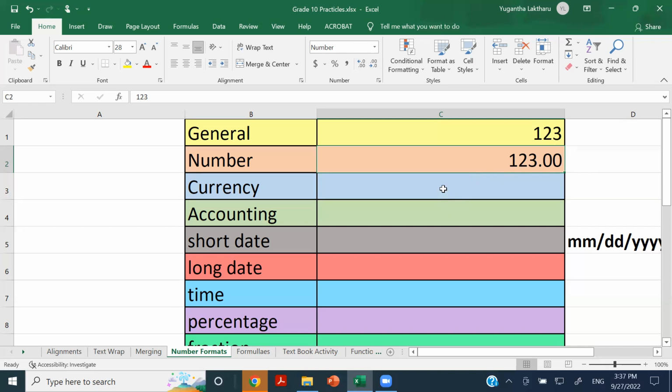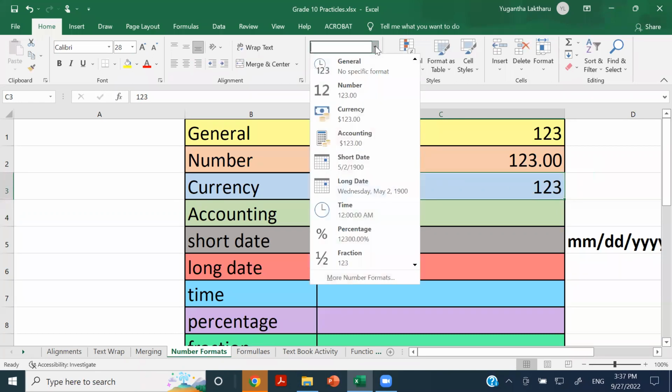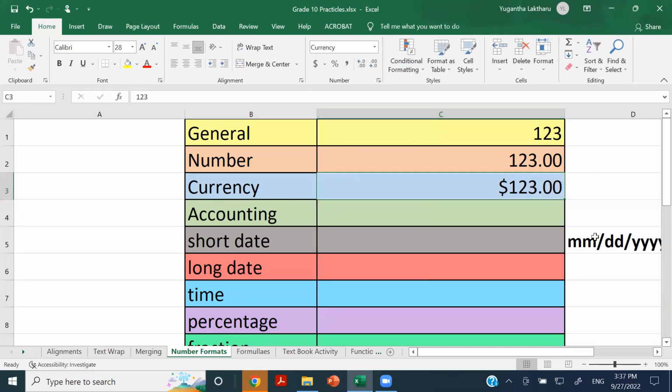And currency. So I'm typing the same value that I have typed. This is in the General number format, this light blue one. And I'm changing this into Currency. Now you can see there's a currency symbol in front of it. And the beauty of this is once you have formatted a particular cell or a cell range, when you provide a different value, it's going to be formatted the way that we have applied.